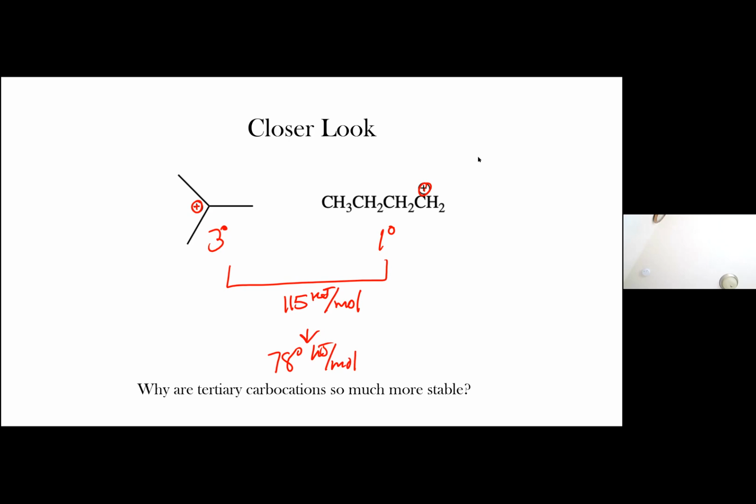The way we're going to explain this stability brought on by having alkyl groups is through this topic of hyperconjugation. In thinking about hyperconjugation, what that really means is the carbon's ability to gain electrons through almost a weird inductive effect.